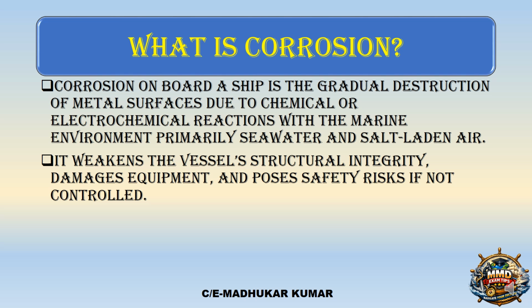This is a point of concern. Basically it weakens the vessel's structural integrity, damages the equipment, and also poses safety risks if it is not controlled in proper time, because this is a gradual process. If you give it time, it will corrode more and more.